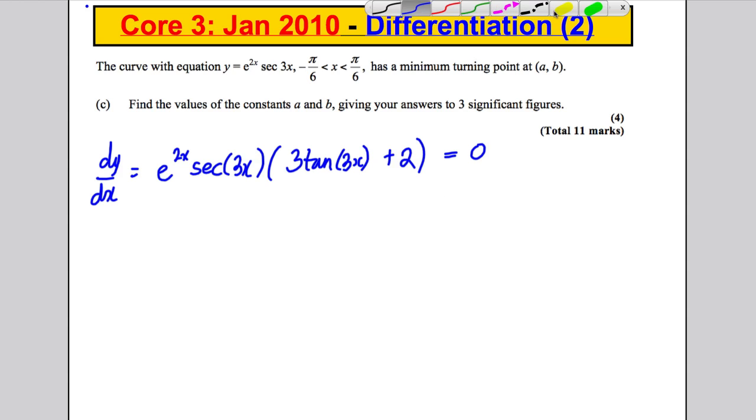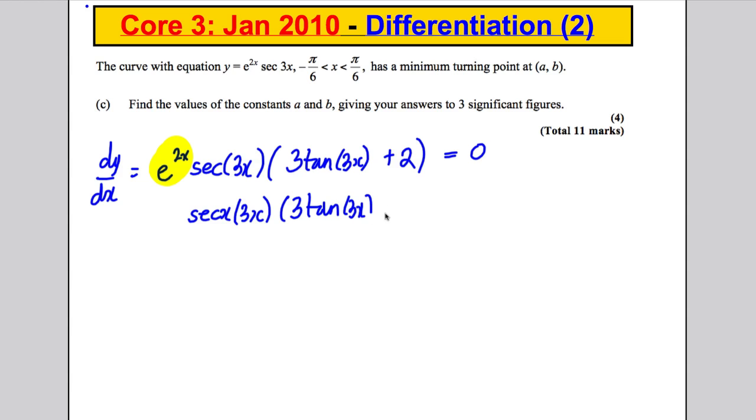Now, you know that e to the 2x can never equal 0, so you can divide both sides of the equation by this, and you would just get the following equal to 0. So either sec 3x equals 0, or 3 tan 3x plus 2 is equal to 0.